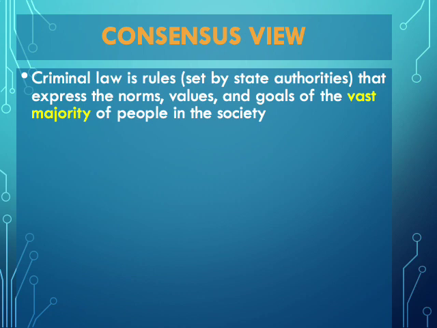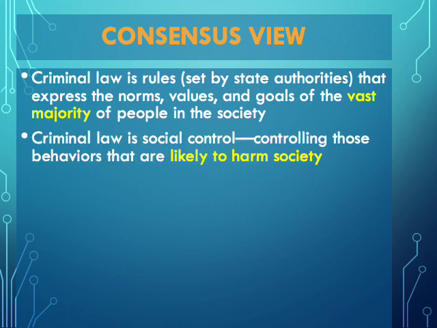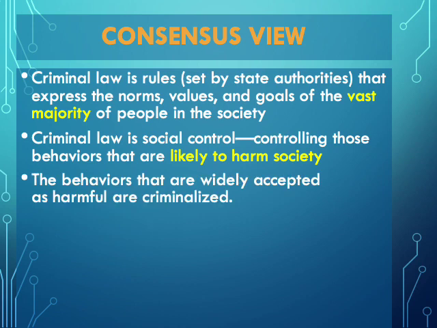So as it says there, criminal law is rules set by state authorities that express the norms, values, and goals of the vast majority of people within that society. And so since criminal law is about social control, about controlling those behaviors that are likely to harm society, it's the behaviors that are widely accepted as being harmful that are criminalized, okay?